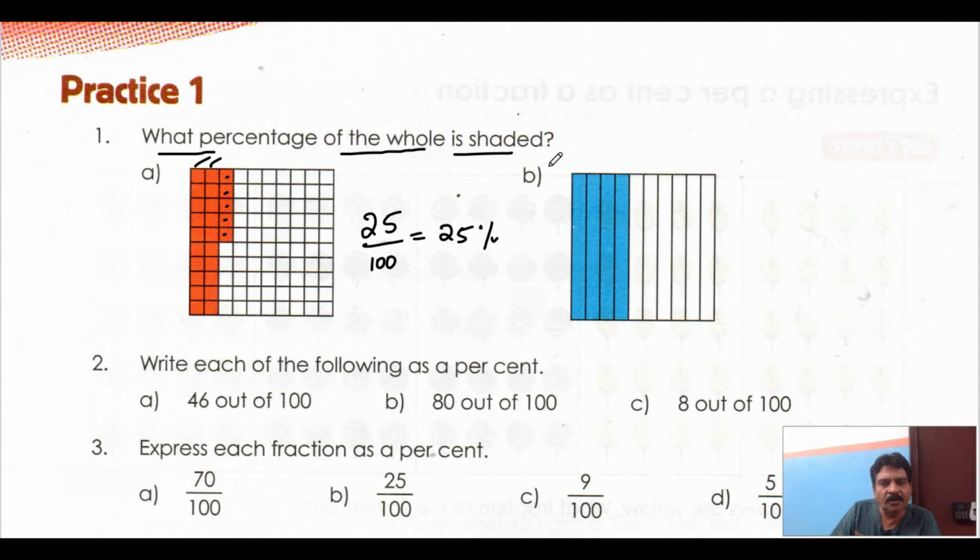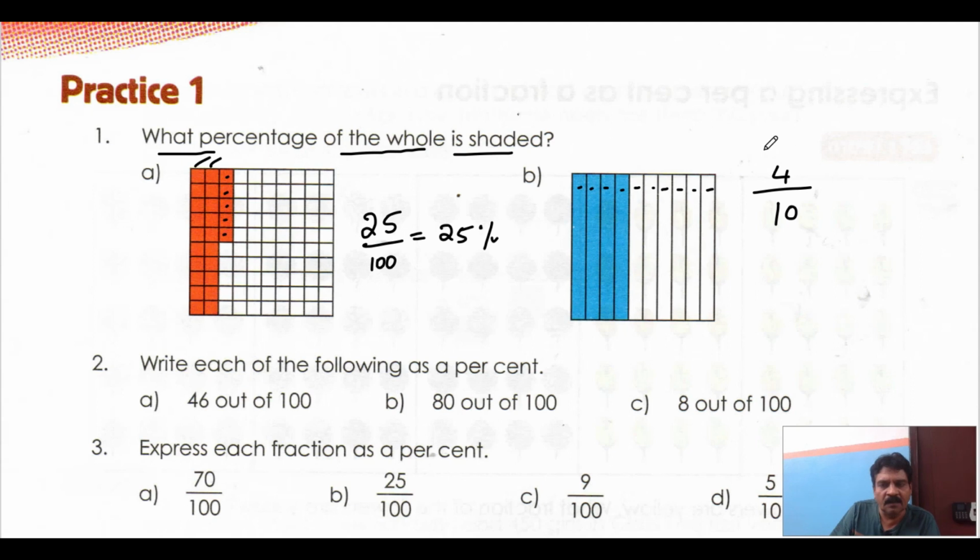Now coming to B, see here how many boxes are there? 1, 2, 3, 4, 5, 6, 7, 8, 9, 10. Total 10 boxes are there. Out of 10, right, 4 boxes are shaded. 4 columns are shaded. So it is 4 by 10. So how are you going to take the percentage of it?